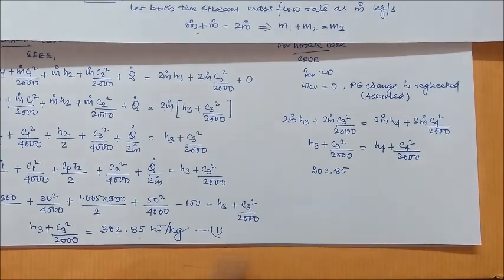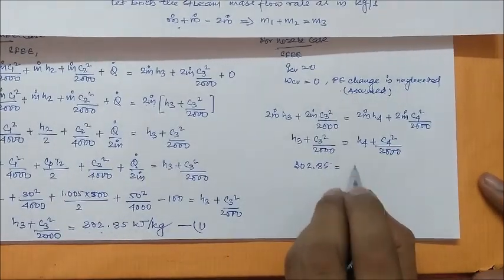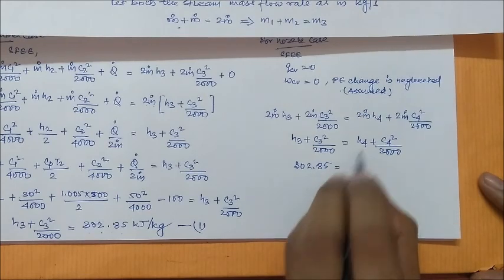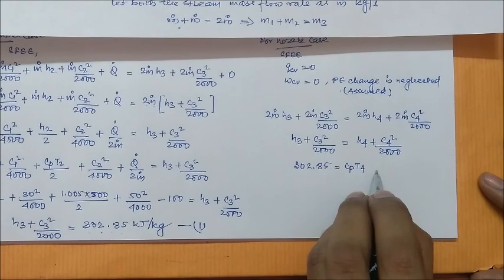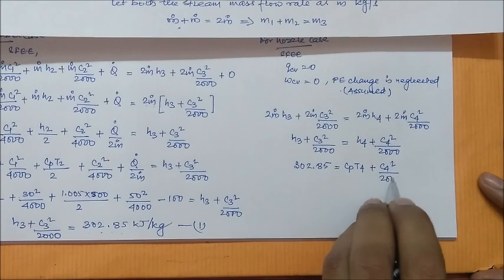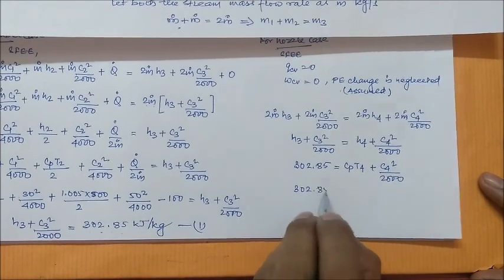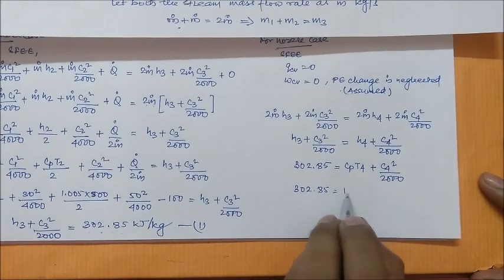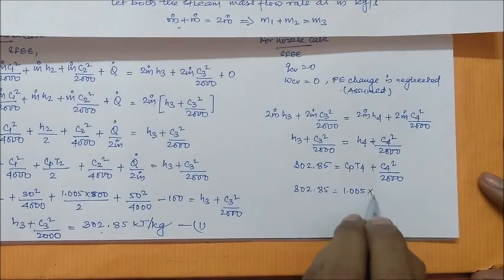This H3 plus C3 square by 2000 we got as 302.85 kilojoule per kg. We have this value of the summation of enthalpy and kinetic energy head on the left hand side, so 302.85, and on the right hand side it's H4, that is Cp T4, plus C4 square by 2000. So 302.85 is equal to Cp, 1.005, into T4.